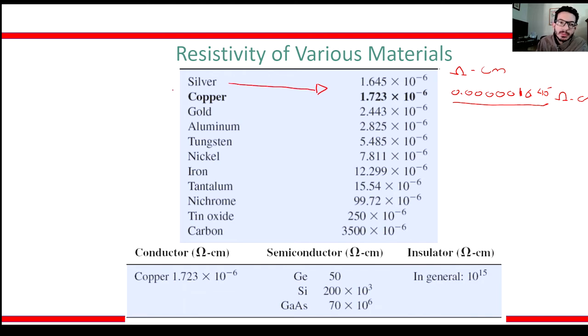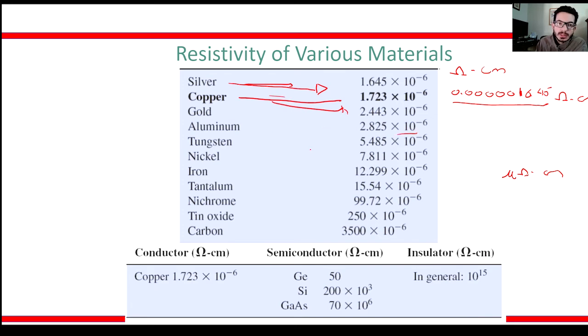The resistivity of copper is 1.723 times 10 to the negative 6. The resistivity of gold is 2.443 times 10 to the negative 6. All of them are 10 to the negative 6, or micro. 10 to the negative 6 is micro ohms per centimeter. We have aluminum that is 2.8.